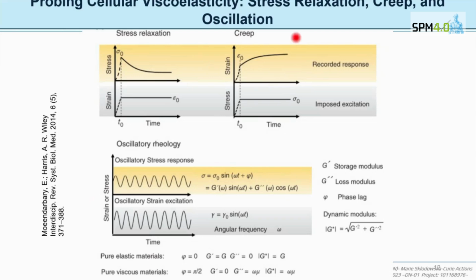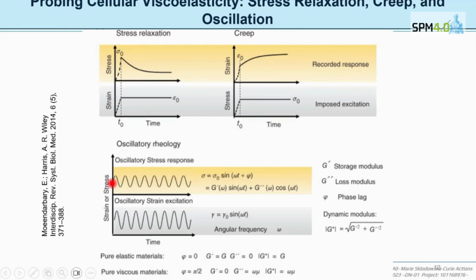In the creep experiment, we do the opposite. We impose the constant stress. So in case of AFM, this would be that we keep a constant force, and then we observe changes in deformation.